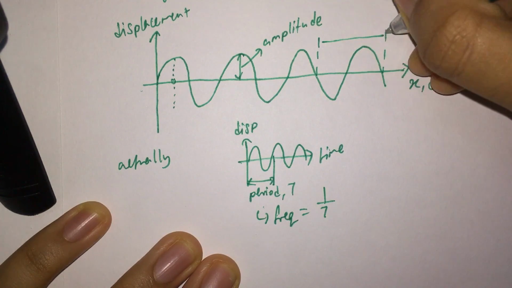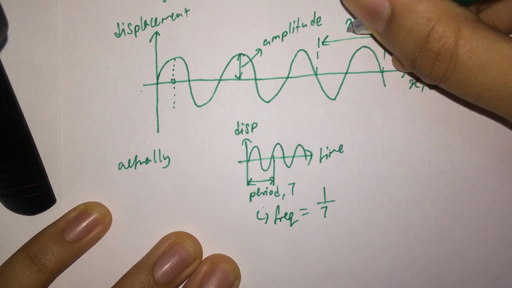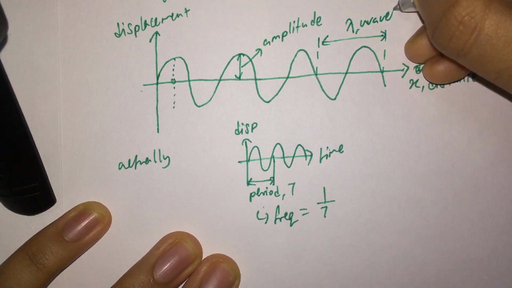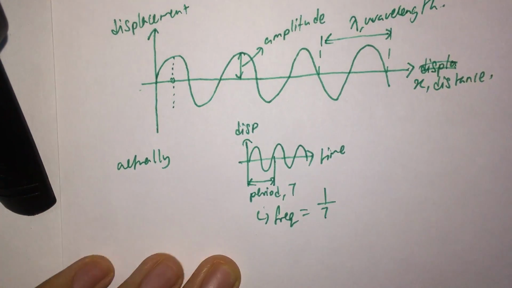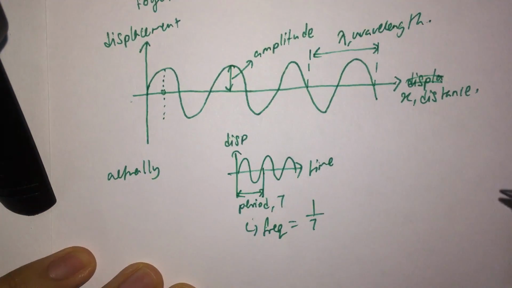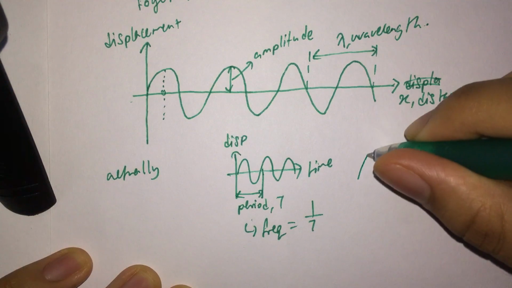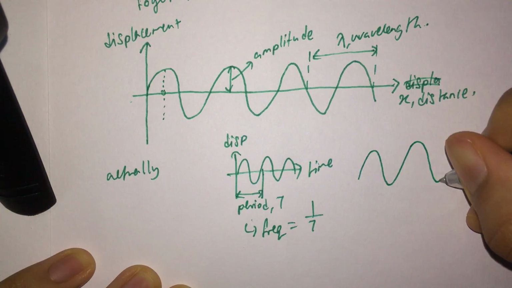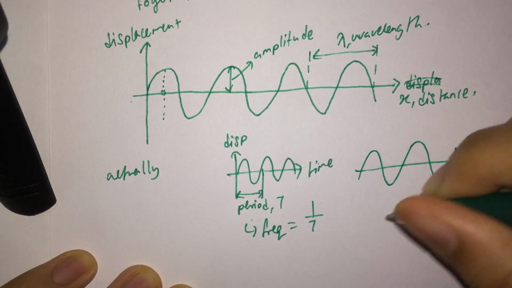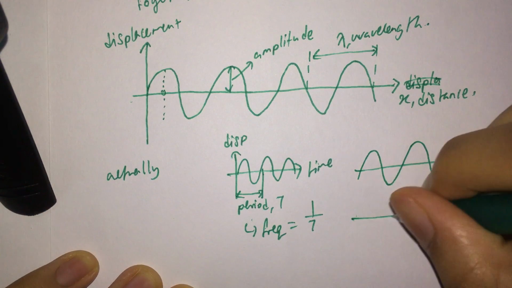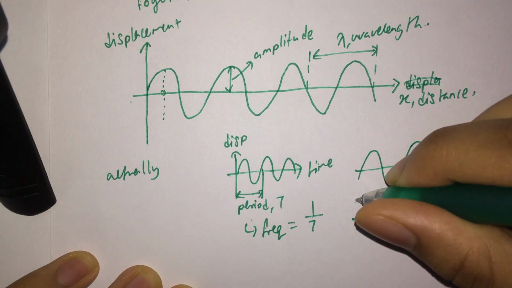And the wavelength is basically the distance between a crest and the next crest, and the speed is the distance a wave can travel within a certain time period, for example per second.